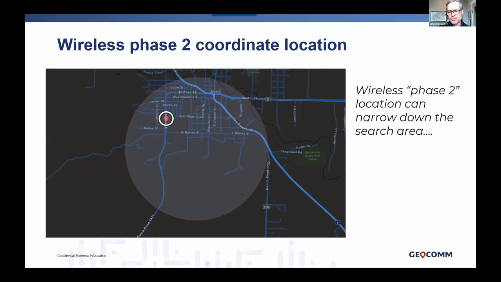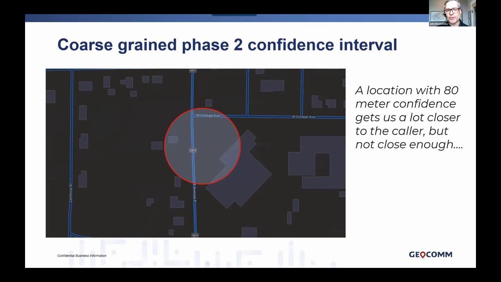So in fact, if we zoom in on this latitude longitude coordinate that we were getting, you can see that it still is not a perfectly precise pinpoint location. For example, often we get confidence intervals that indicate how confident we are in the location that the carrier position determination equipment calculated. And for example, it could be 80 meters.